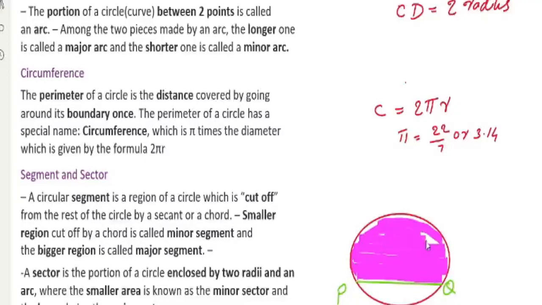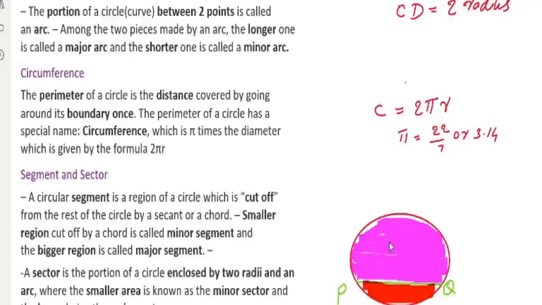So this shaded region is called major segment. Then this is the smaller one. This smaller region we call minor segment.